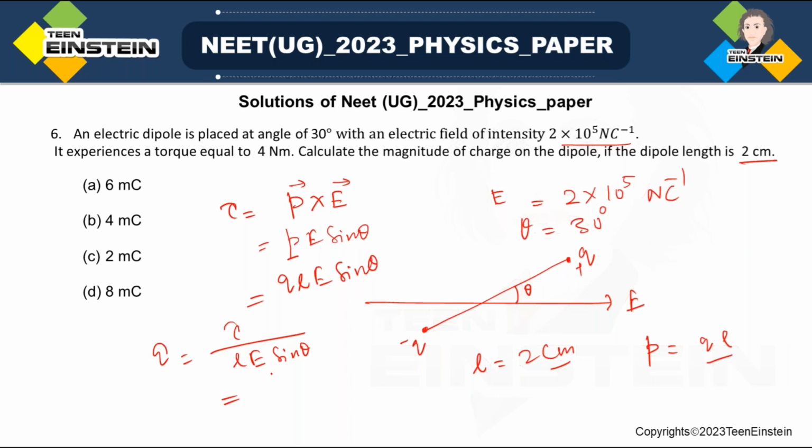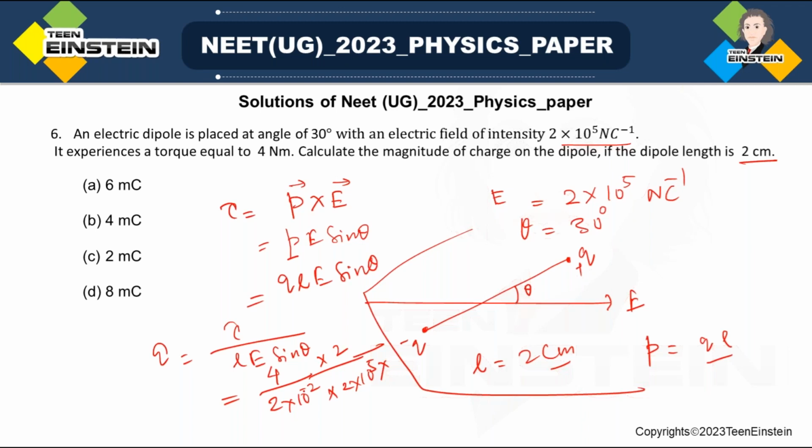Theta is 30 degree. Torque is given as 4 Newton meter, and this L is 2 into 10 to the power minus 2 meter. Electric field is given as 2 into 10 to the power 4, sorry, 10 to the power 5, and this sine theta is actually half. That means 2 can be written here.